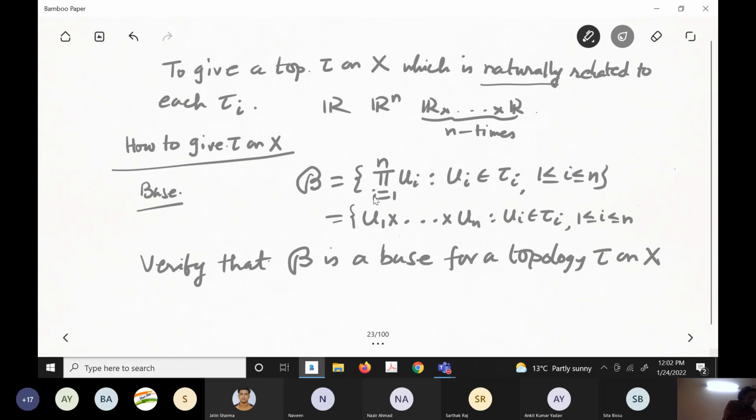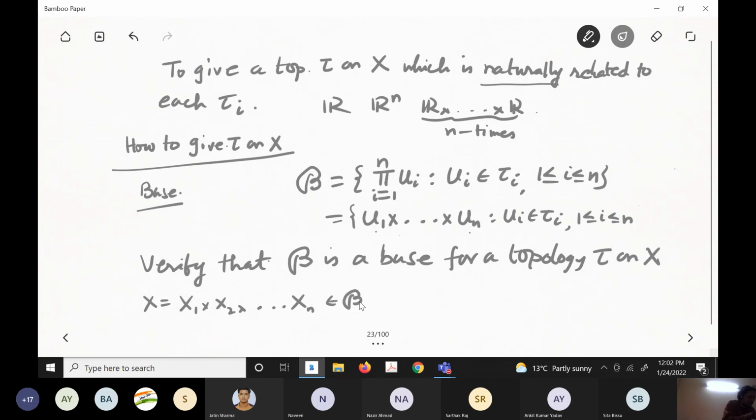Basically, the union of all these has to be X. Look, if you take X1 cross X2 cross ... cross Xn, it itself is a member of B. So the first condition is satisfied.